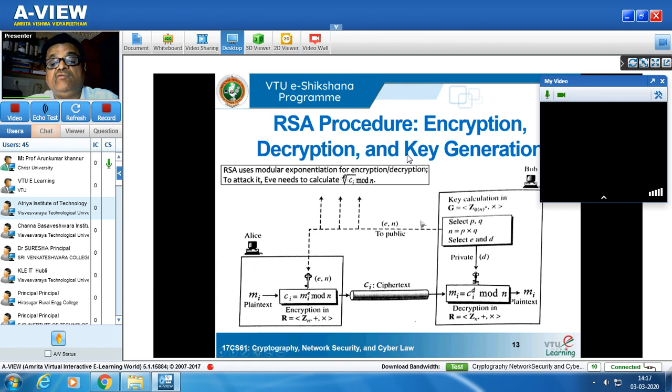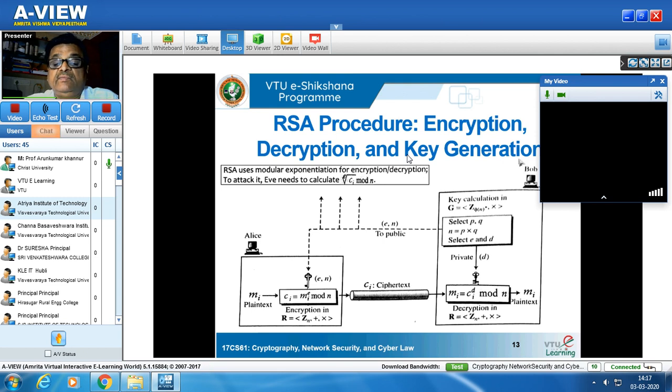Then after that, when we get this information on the other side, that is the receiver side, we take this particular set Zn, with multiplication and summation operations as part of it, and then we apply the decryption algorithm on the ciphertext Ci that has come, and we perform mod n on that to get Mi.